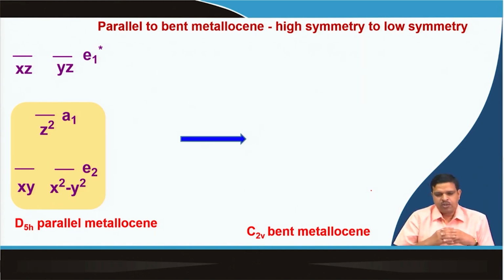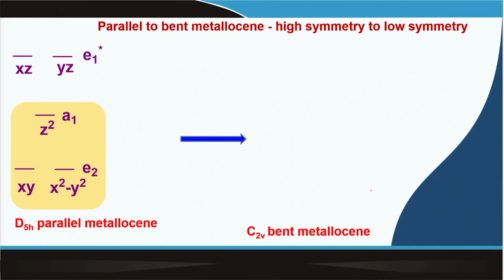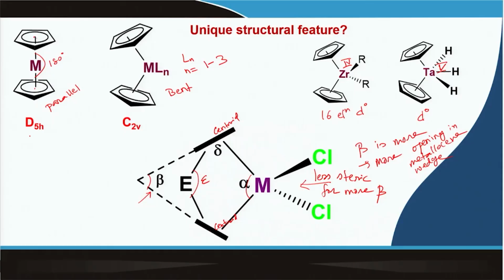So, in the next class we will try to understand what the impact is if we decrease the symmetry of the metallocene. As I told, this is D5h and this is C2v. So, we are basically lowering the symmetry. What will happen if we do it, and what will be the impact on the molecular orbital diagram?